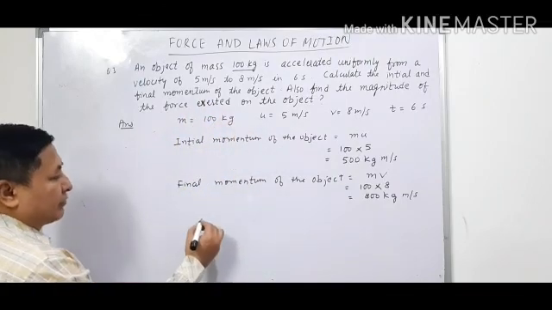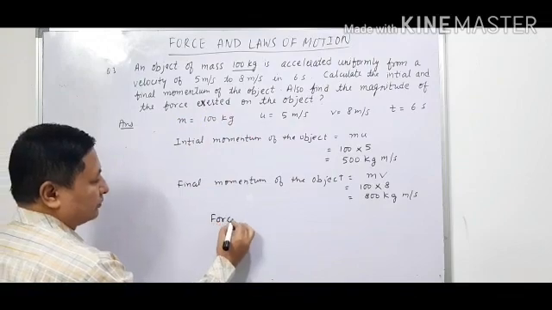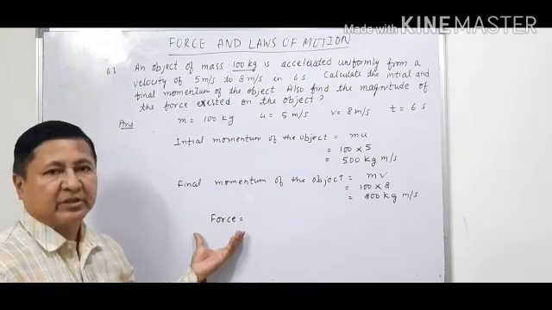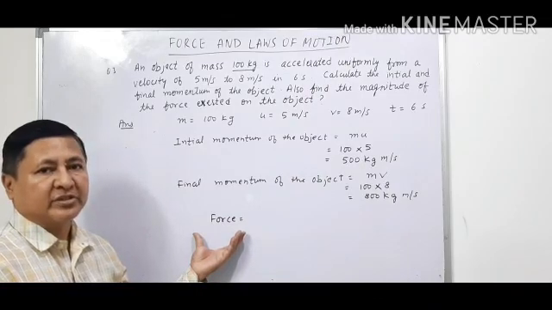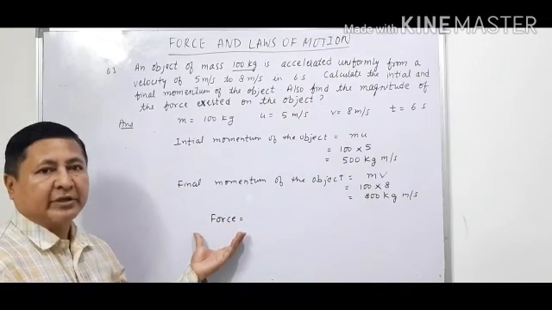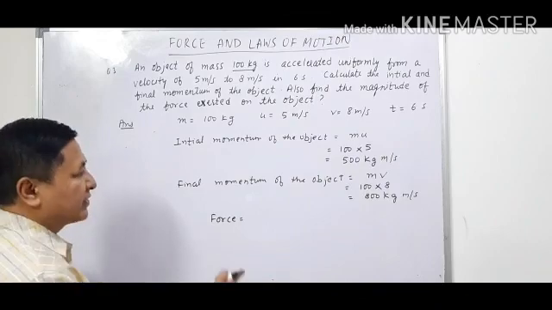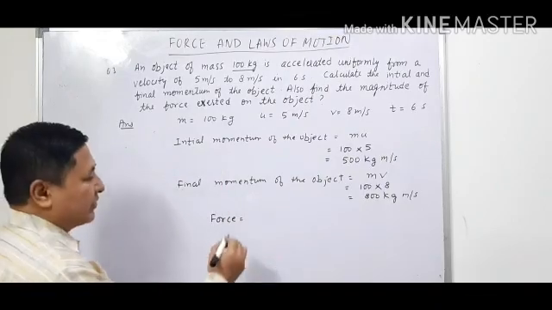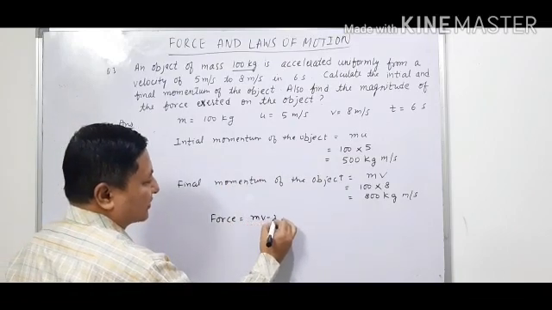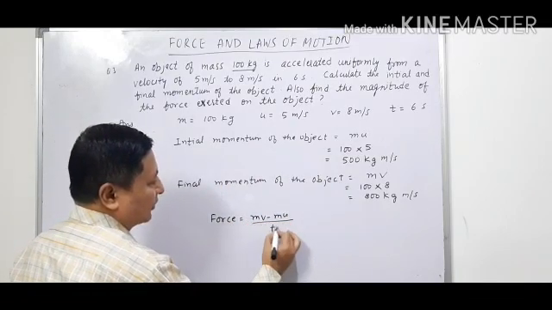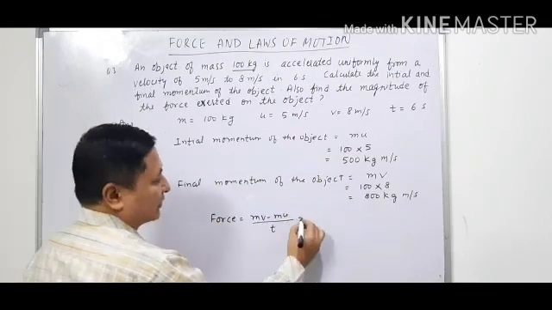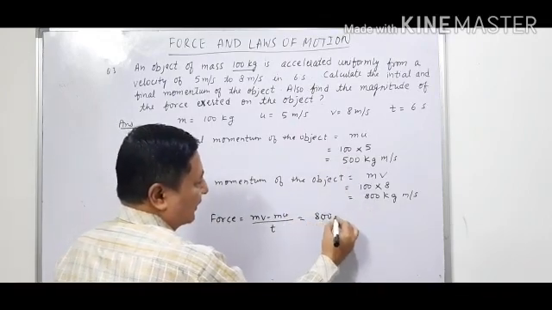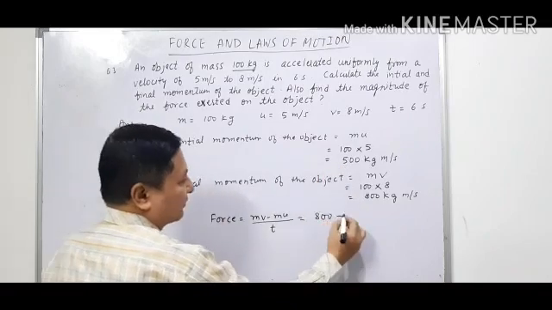So now we have to find the force. As we have seen in Newton's second law of motion, force is equal to the rate of change of momentum. So that is final momentum minus initial momentum upon time. So that means (mv minus mu) upon t. mv we have calculated, that is 800, and mu we have calculated, that is 500.